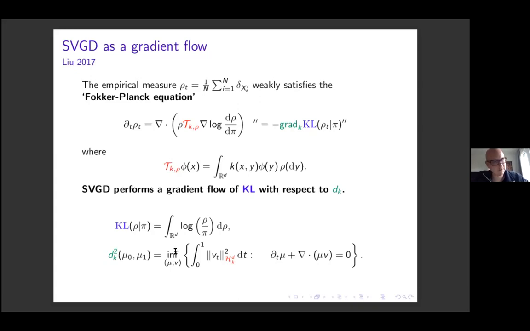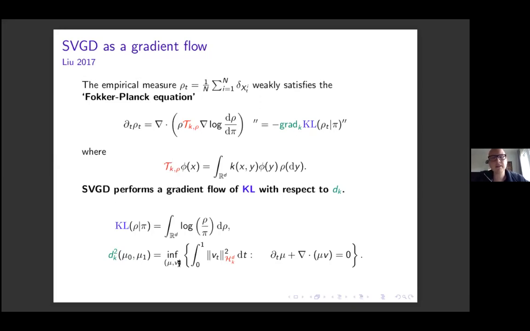And what kind of distance do we have here? This is supposed to be a distance between two probability measures, mu0 and mu1. We could call this a transport type distance, because it is an infimum over mu and v.